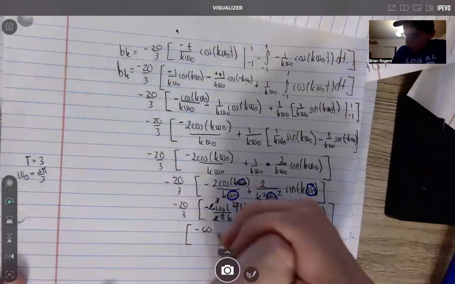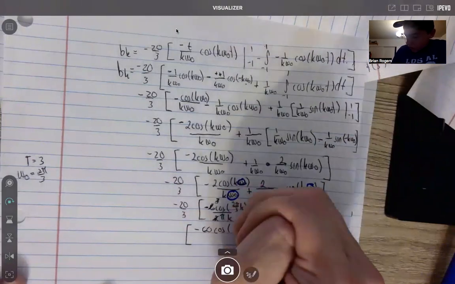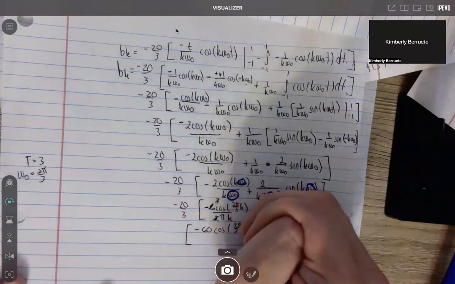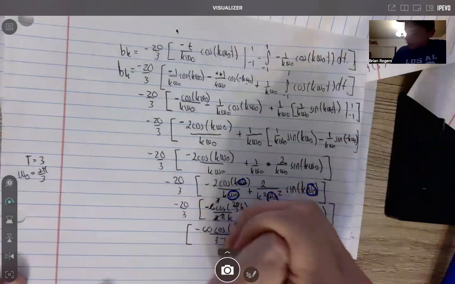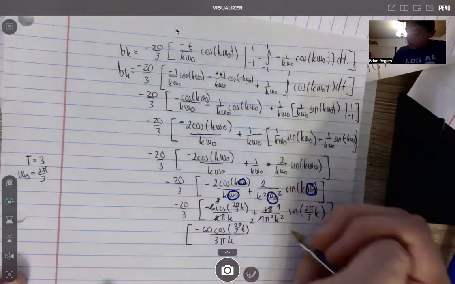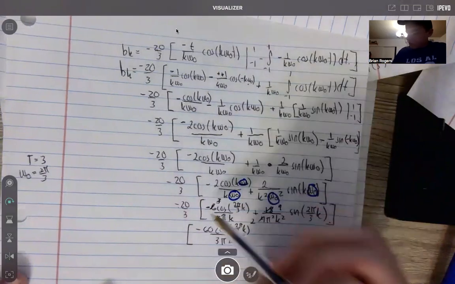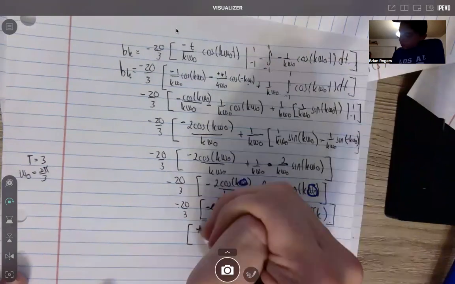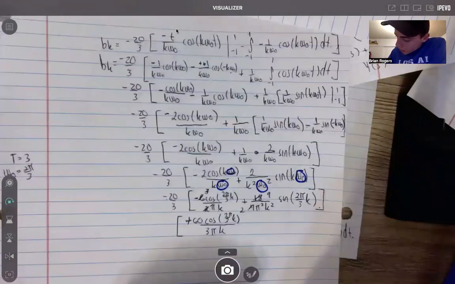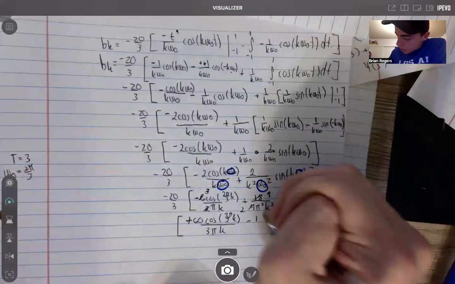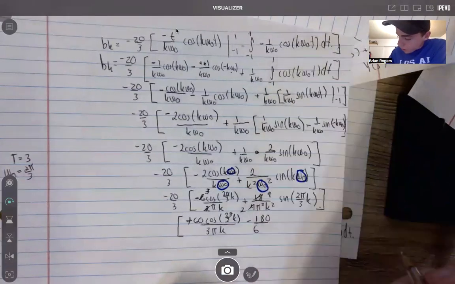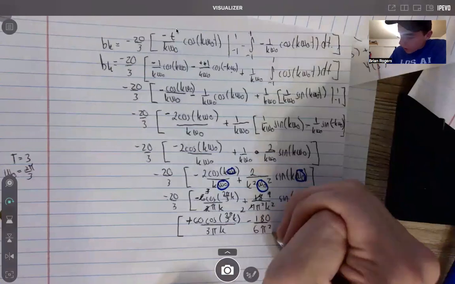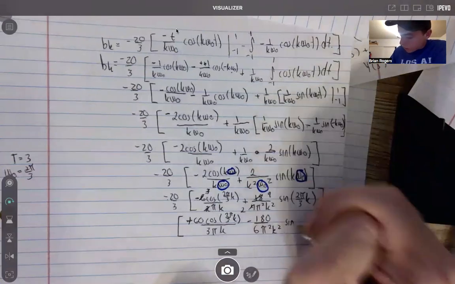So this would become -60 cosine 2 pi over 3k all over 3 pi. Oh wait, this would be negative times negative, so that should be positive 60. And then here we have -180 all over 6, and then pi squared k squared sine of 2 pi over 3k.